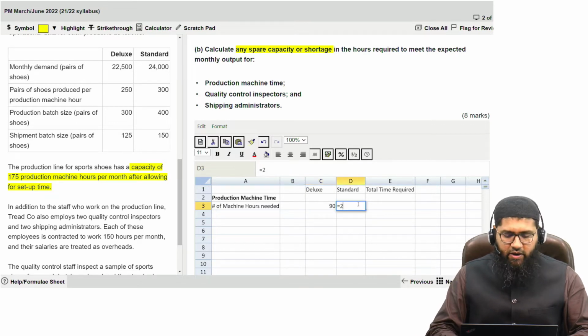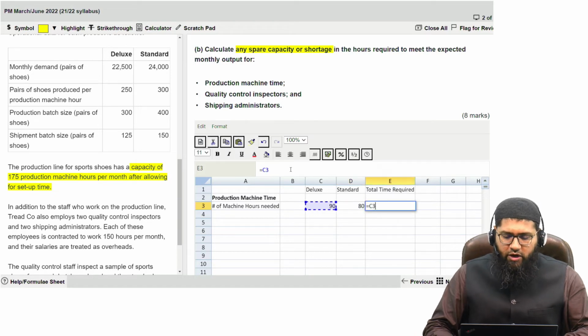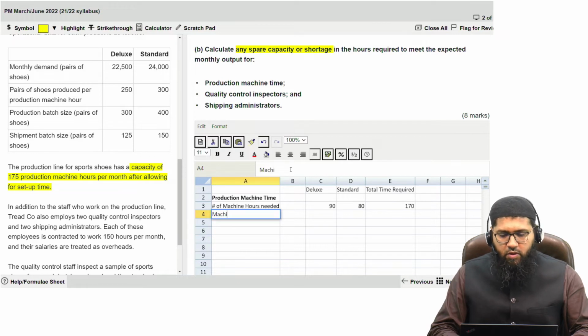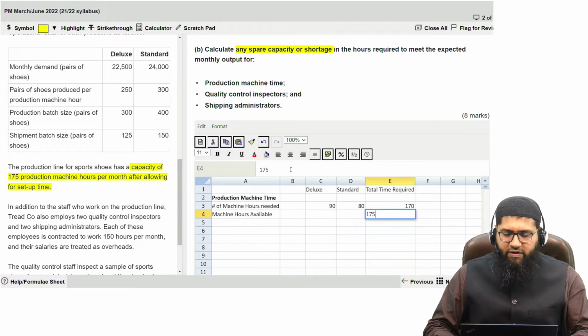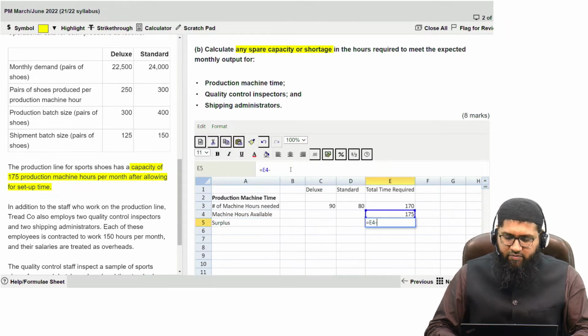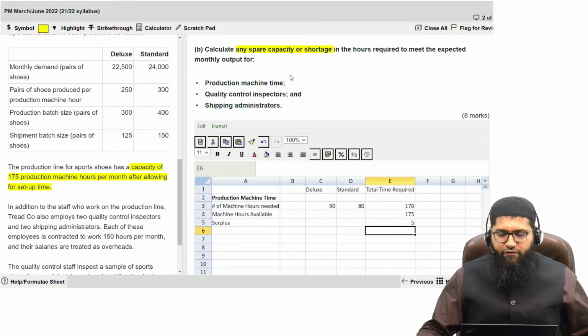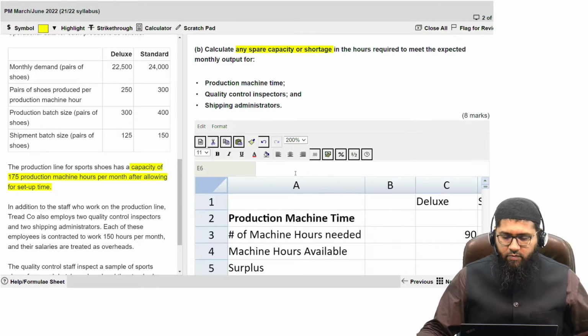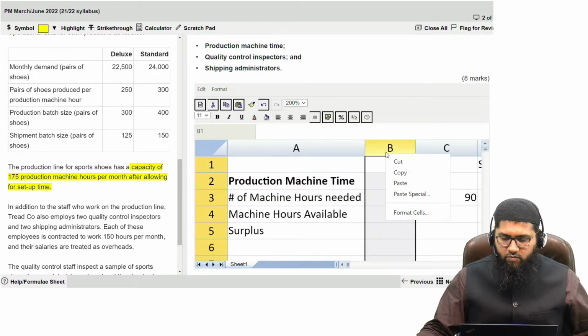In this case, it's 24,000 divided by 300, which gives 80 machine hours needed. So what is the total time needed? This plus this is 170. Machine hours available is 175. Hence, there is going to be a surplus of how much? This minus this, so you've got 5 hours of surplus.